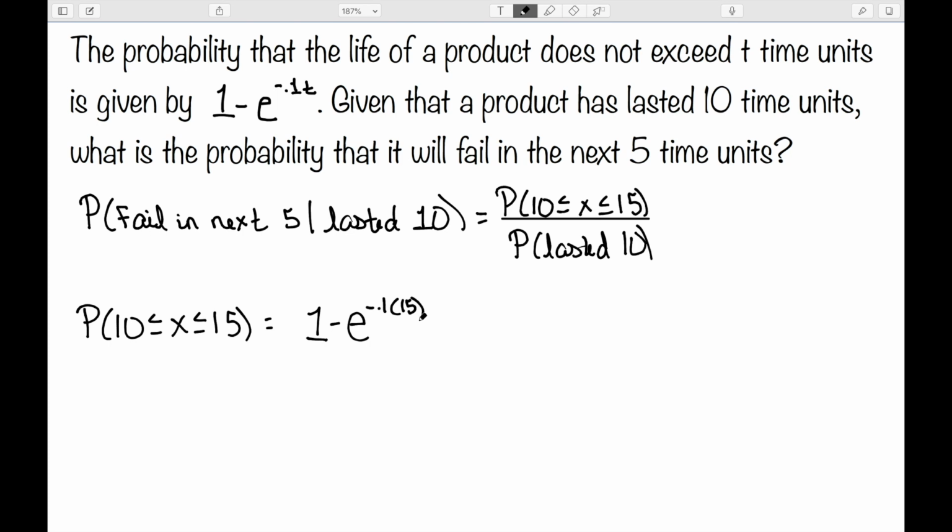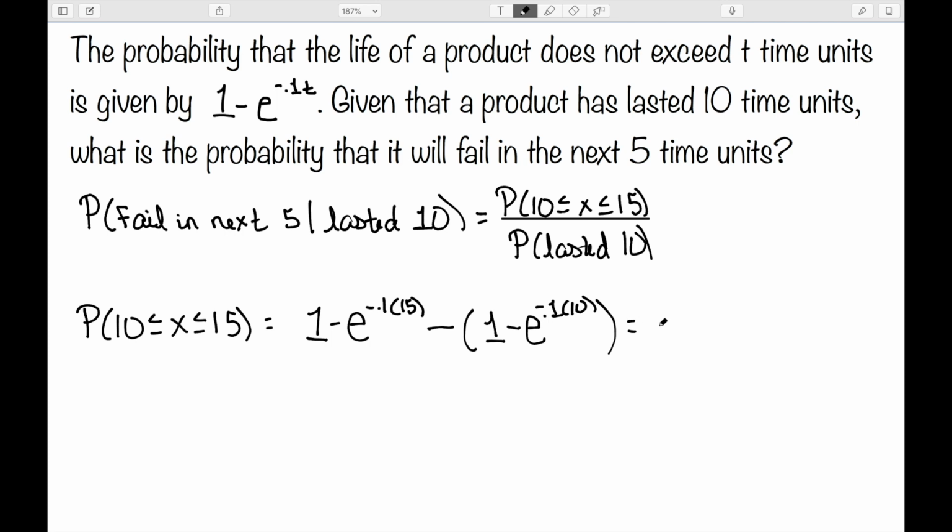So this would be everything that failed before 15, including things that failed within 1 minute, 2 minutes, etc. I then want to remove the ones that didn't make it to 10, since those are not in this group. So here, it did not make it past 15. Here, we've removed everything that didn't make it past 10.